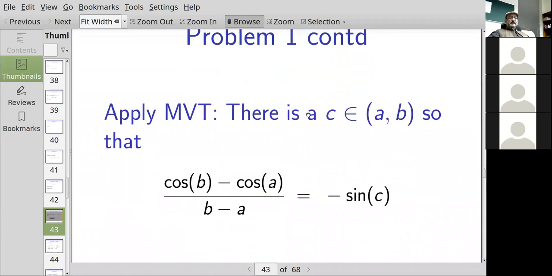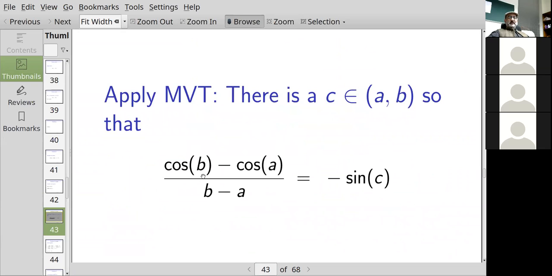So f of b is cos b minus f of a is cos a, divided by b minus a, is equal to the derivative of cosine, which is minus sine. So the instantaneous rate of change at c is minus sine of c.